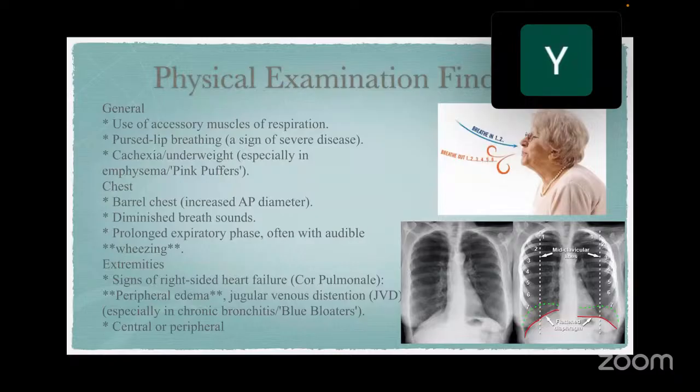The chest findings include a barrel chest, indicated by increased anterior-posterior diameter, decreased breath sounds, and a prolonged expiratory phase, often with audible wheezing. Other findings are signs of right-sided heart failure or cor pulmonale, like peripheral edema and jugular venous distension, especially in chronic bronchitis, the so-called blue bloaters. And we have central and peripheral cyanosis.